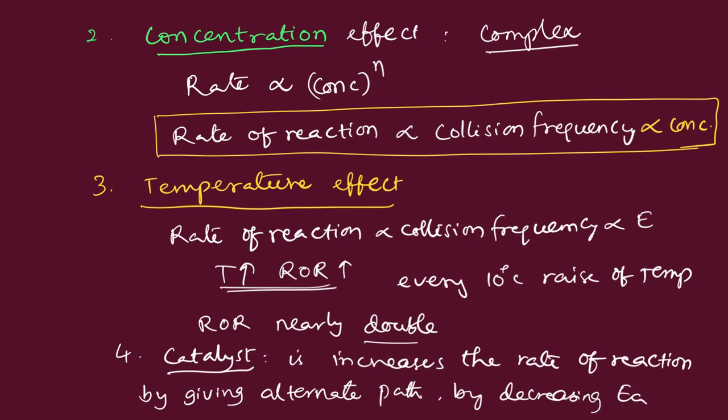Anyway, catalyst increases the rate of reaction. Catalyst is a substance which increases the rate of reaction without undergoing any chemical change in the reaction. So it decreases the activation energy and converts into the product, because we know that rate of reaction is directly proportional to which one? Collision frequency. So for the number of collisions to take place, the activation energy required should be lower.